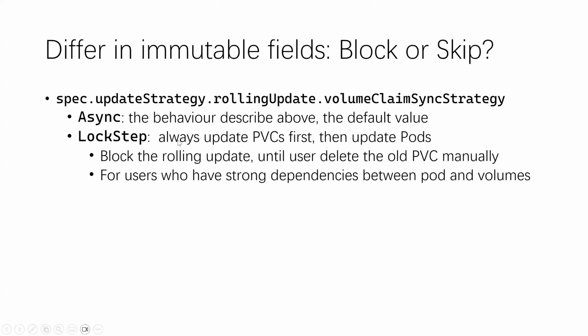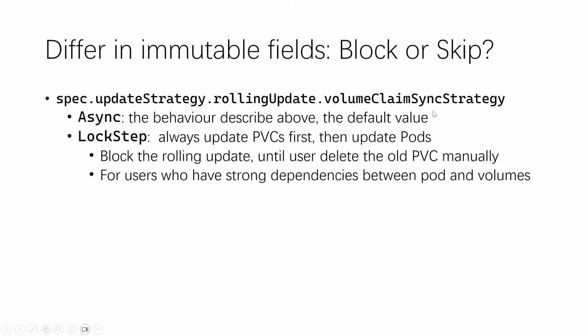So if the immutable fields differ, we then just block the rolling update and wait for the user to take action. The user should delete the old PVC manually to unblock and continue the rolling update, or they can just change this strategy to async or take some other actions.